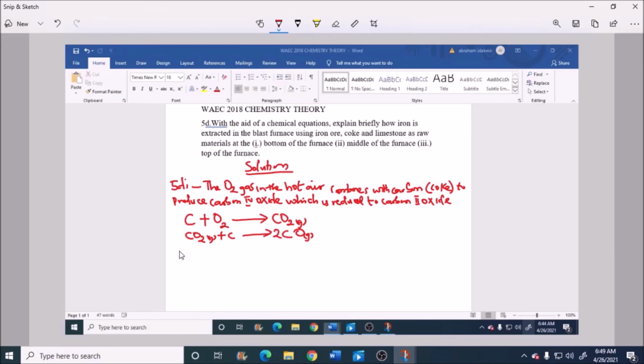Then Roman figure 2, that is at the middle of the furnace, what happens? We have the calcium carbonate, that is CaCO3.